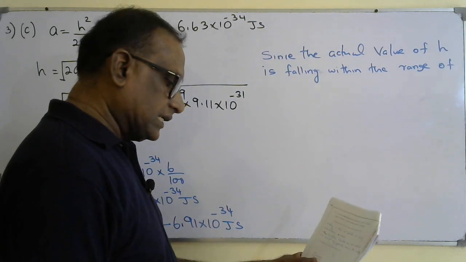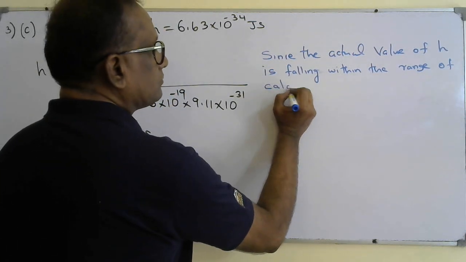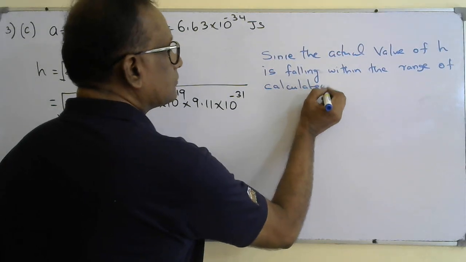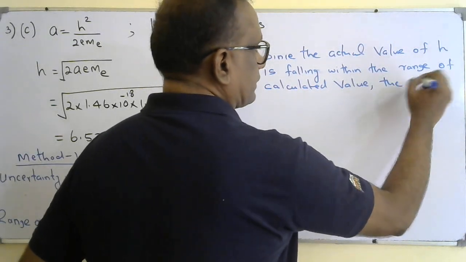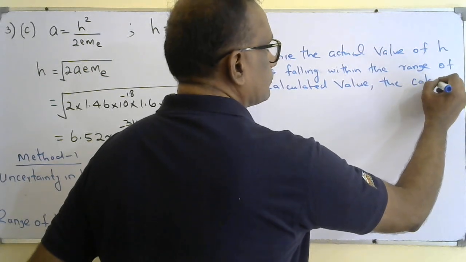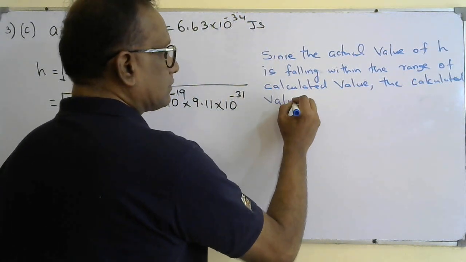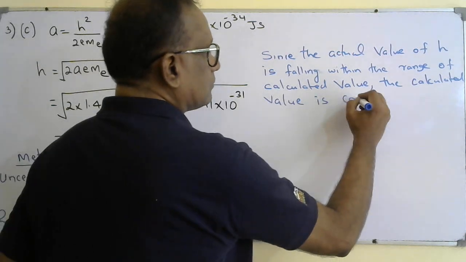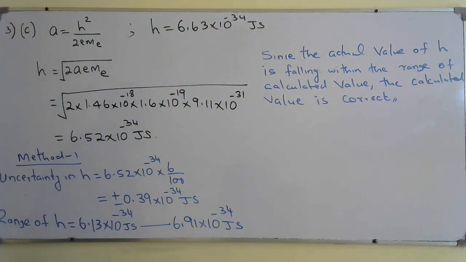They are not using the word experimental value, but calculated value. That's the answer you should give. Okay, this is the first method.